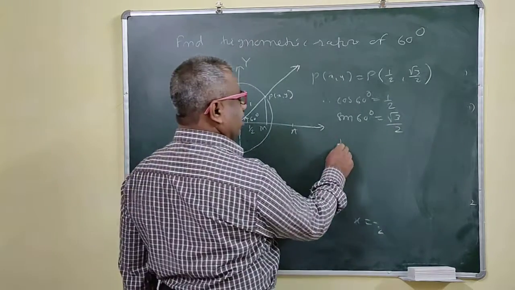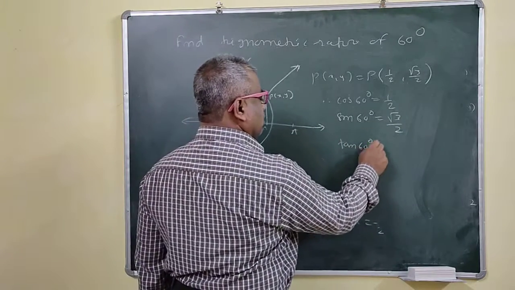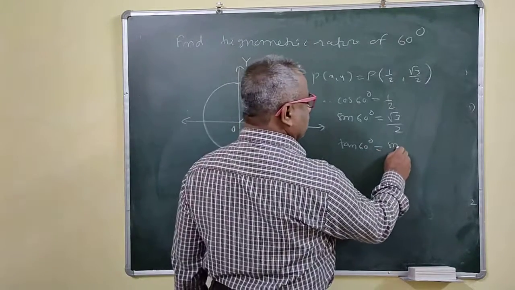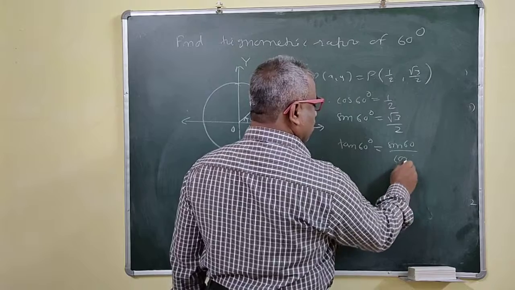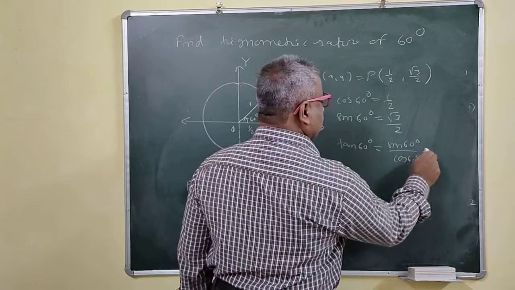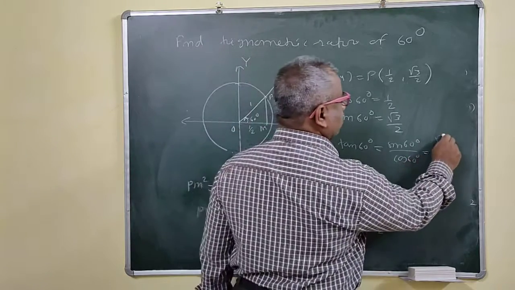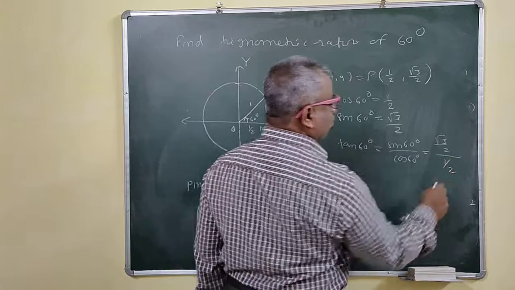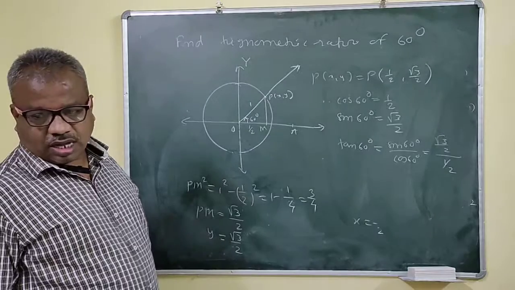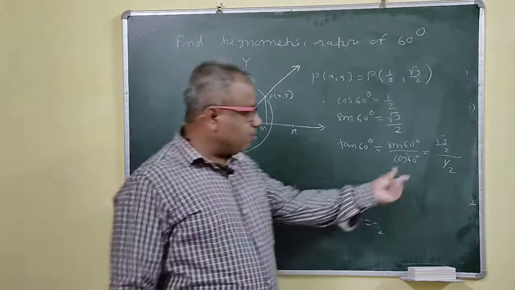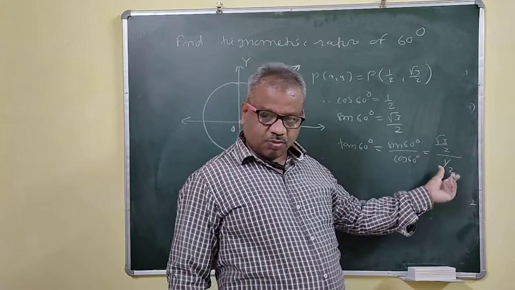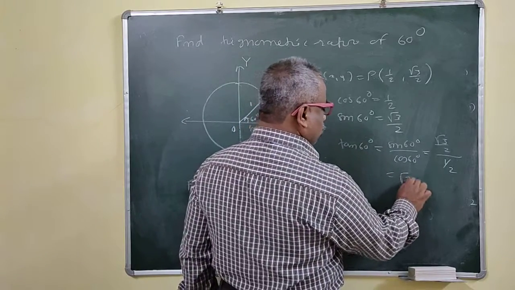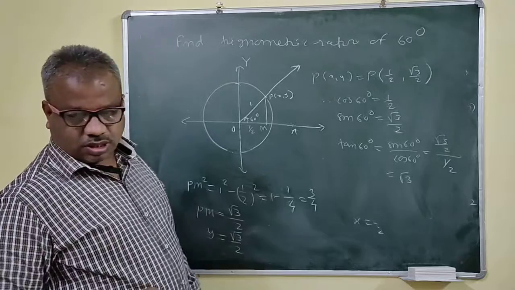So tan 60 degree is sin 60 degree upon cos 60 degree. So sin 60 degree is root 3 by 2 upon cos 60 degree is half. The denominators are the same, so they cancel. So this is root 3. Tan 60 is root 3.